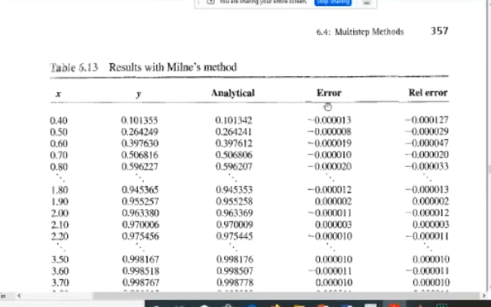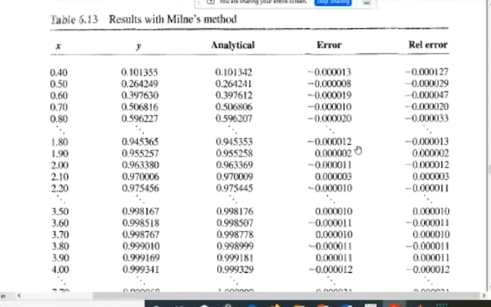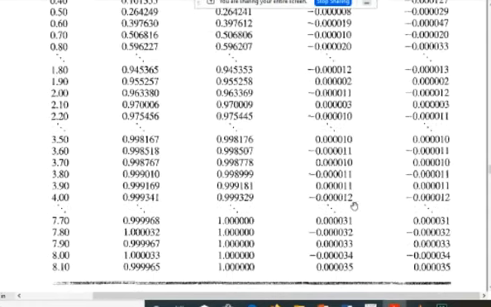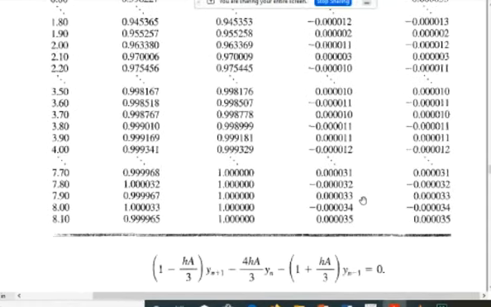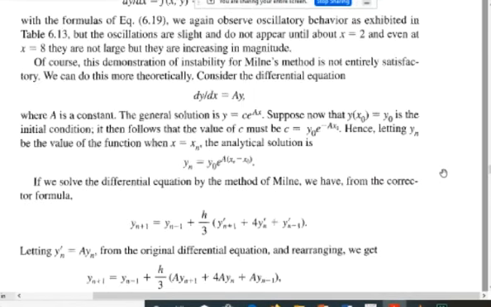The values for error at the initial steps are very small numbers, and we can see this until we reach the point 2. After that, we see some unstable behavior, and the values of error increase and increase.